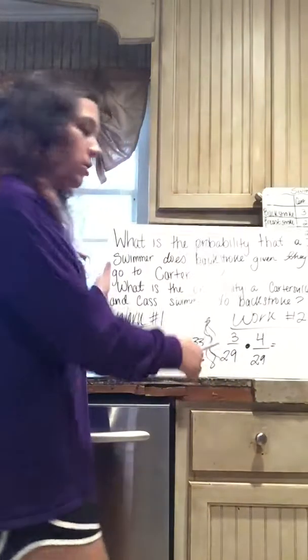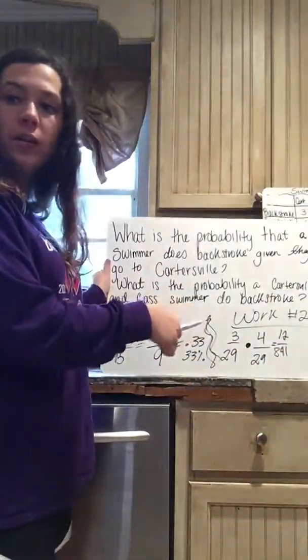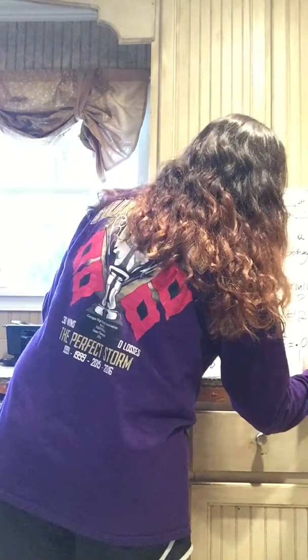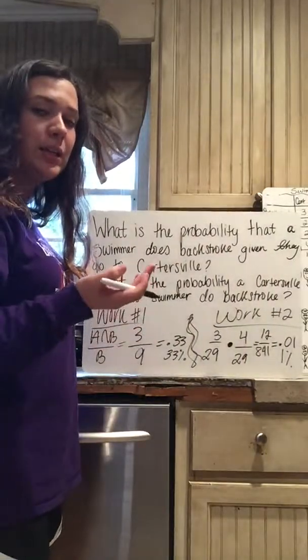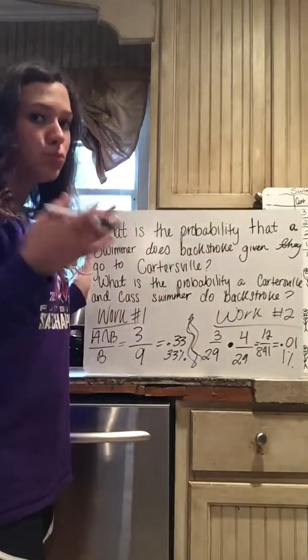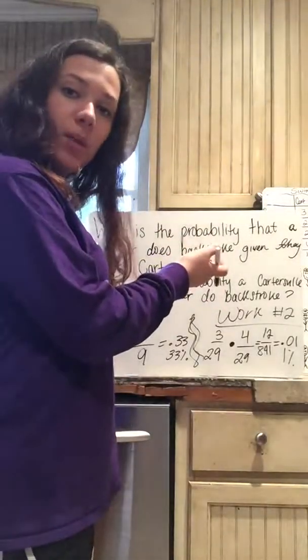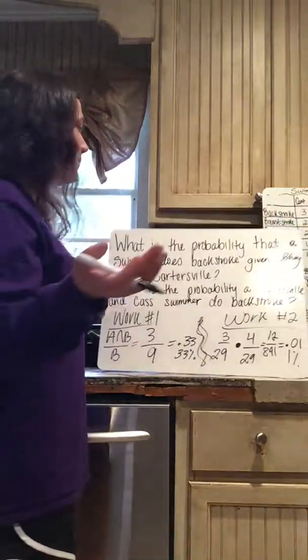So when you do that, you get a nifty fraction, which is going to be 12 over 841, and that as a decimal is 0.01 or 1%. So it is realistically kind of unlikely, well, really unlikely, that a Cartersville and a Cass swimmer would do backstroke. There's my presentation.